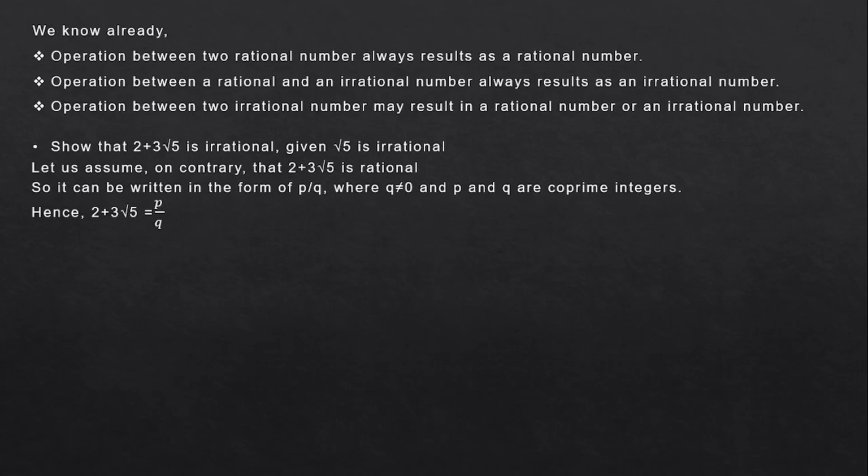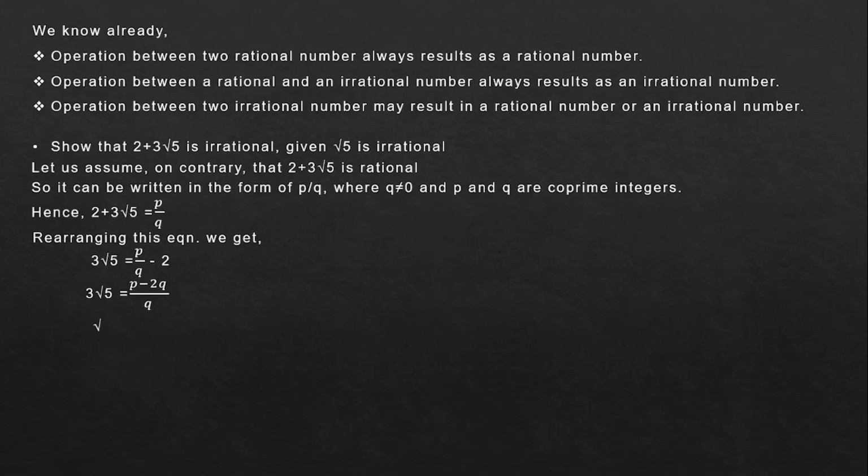Hence, we write 2 plus 3 root 5 as p by q. These questions are simpler because our main objective is to move all the rational values to the right side and leave the irrational part on the left side. So we keep root 5 on the left and move 2 and 3 to the right. When we rearrange, we get 3 root 5 as p by q minus 2.